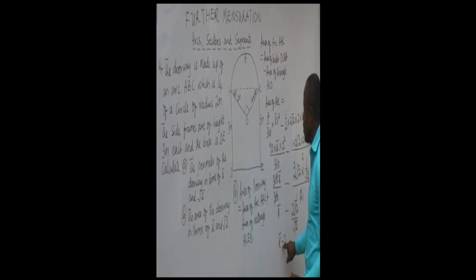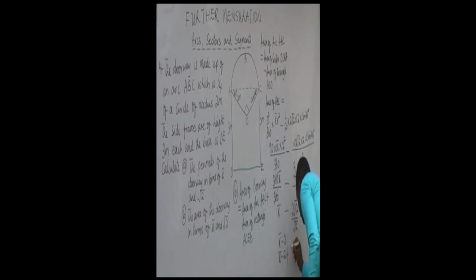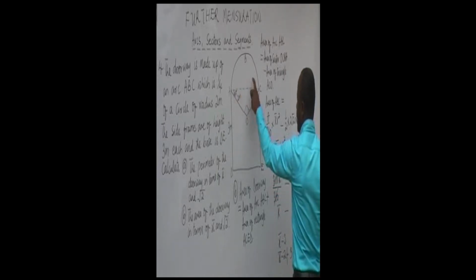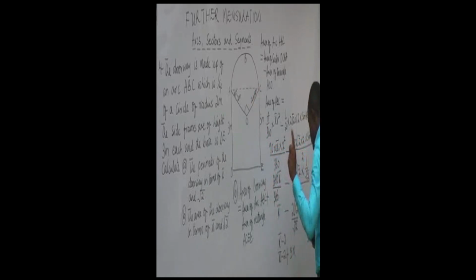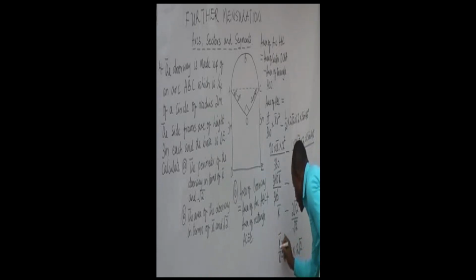Then add it to the area of the rectangle, which is 3 times this side AC, which we calculated to be 2√2 in our previous questions. If you put this together, it will be in meters squared.